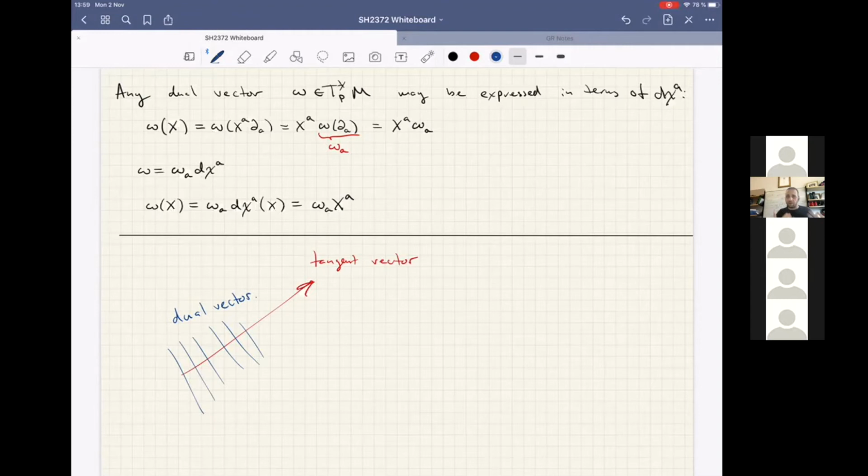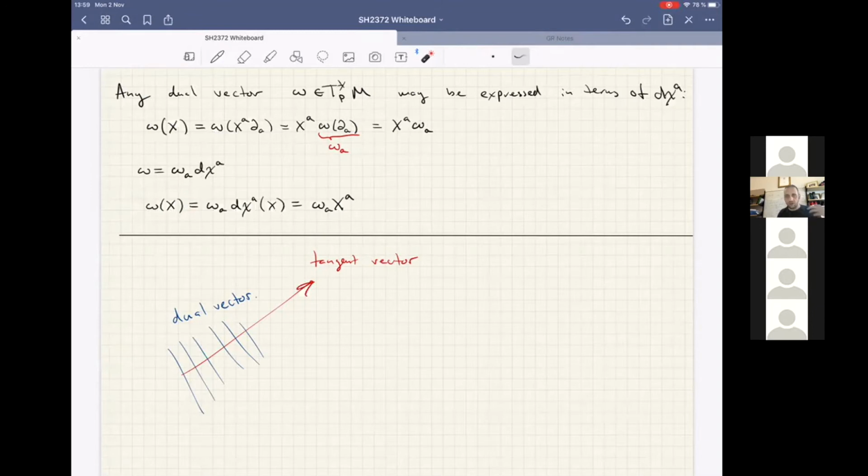For example, this differential tells you how the function f would change. And it does not a priori make sense to talk about the inner product in the tangent space unless you introduce an inner product. However, it will always make sense to talk about objects like this. So taking a tangent vector and a dual vector and mapping that to a real number.